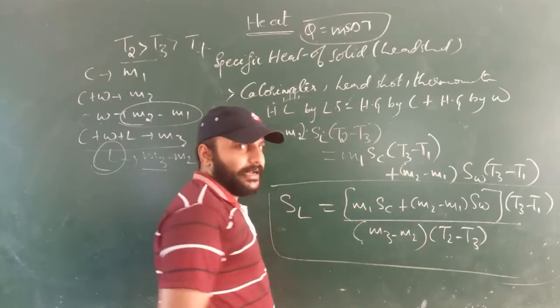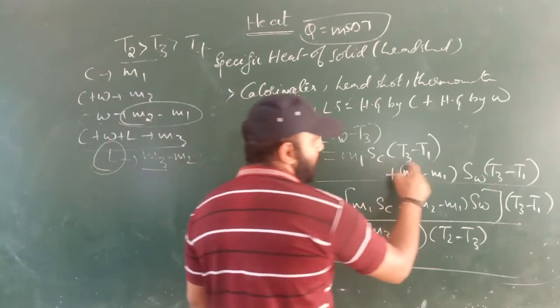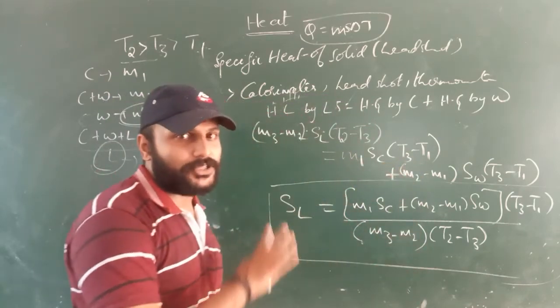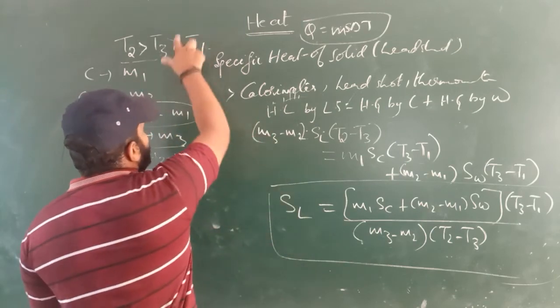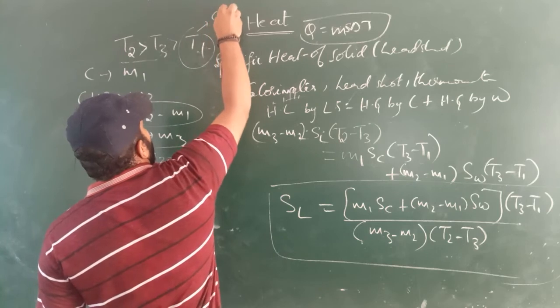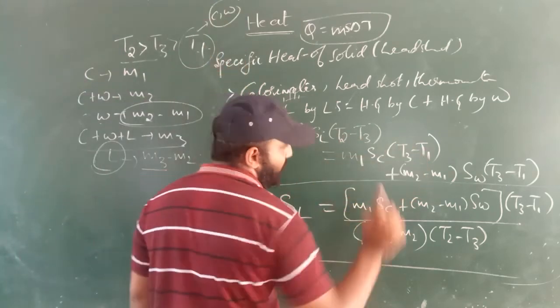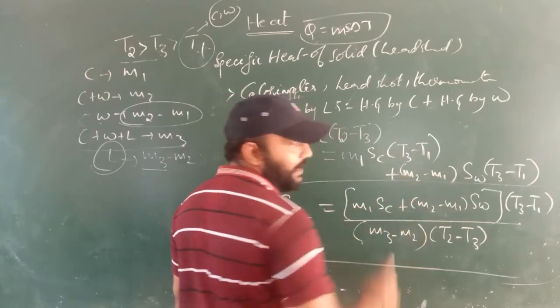The mass of calorimeter I have taken as M1, the specific heat of calorimeter as SC, and the change in temperature. As I already told, we are comparing with the temperature of the mixture, so T3 with the temperature of the calorimeter. Here T1 tells us both the temperature of the calorimeter and water, as both temperatures are the same. So T3 minus T1, plus the heat gained by the water.